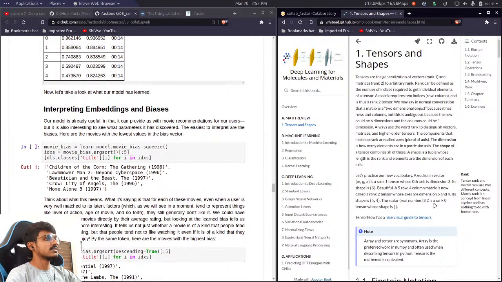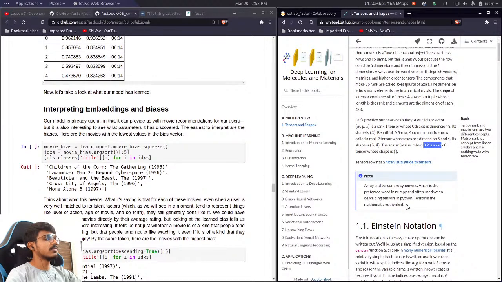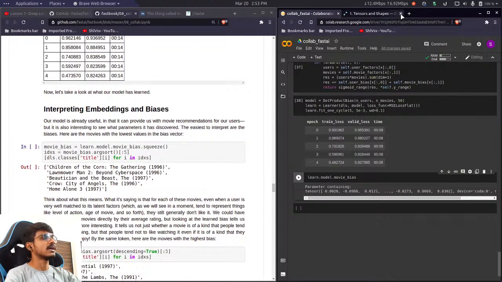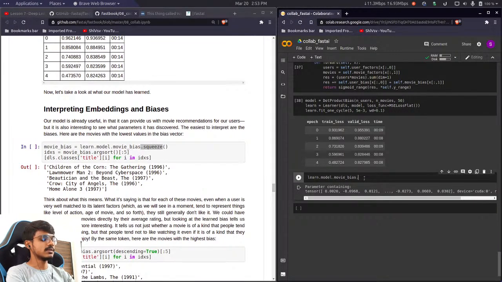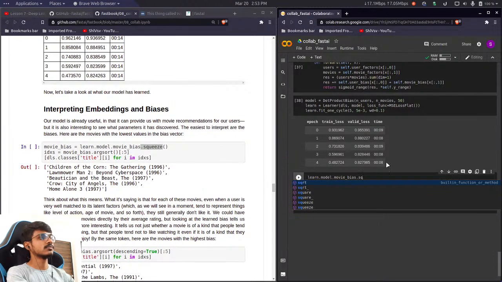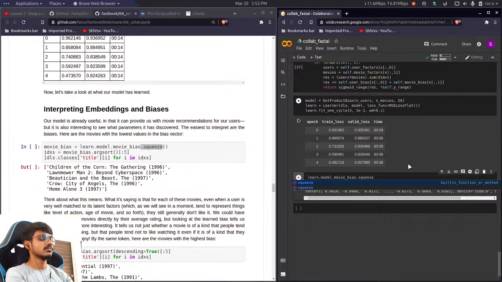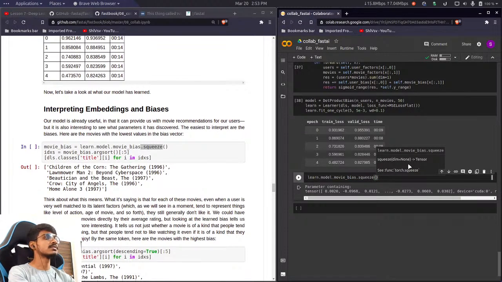A scalar is rank 0 and a vector is rank 1. A matrix is rank 2, I guess. Cool. So this is a rank 1 tensor. But when we squeeze it, I guess it converts into a rank 2 tensor, I guess.